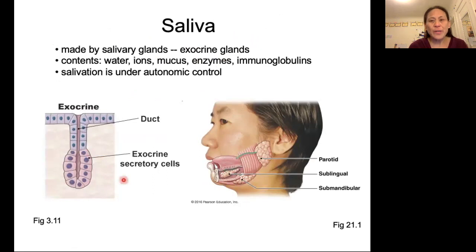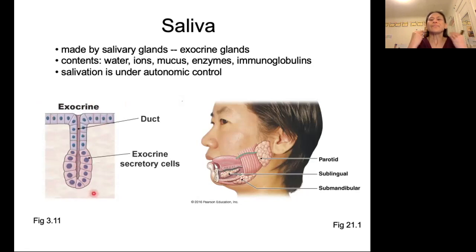To remind you what an exocrine gland is, it is made up of epithelial cells that form a layer, and they make secretions that reach the external environment via a duct. That's what the salivary glands are, this type of gland.